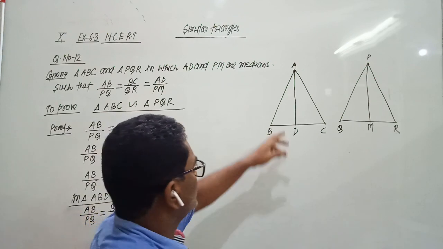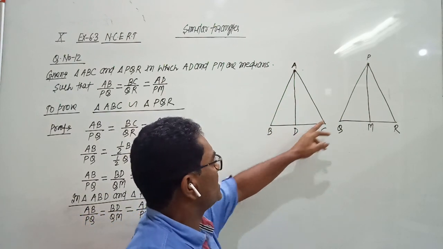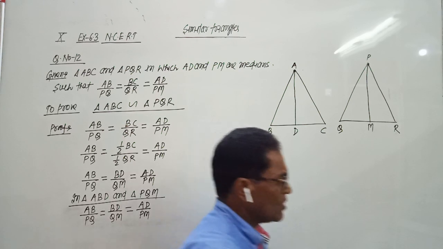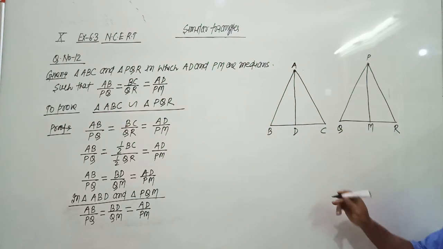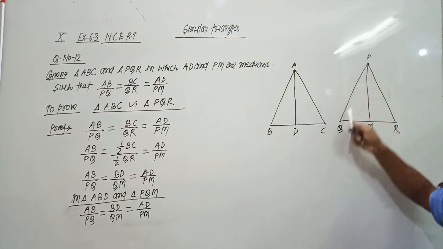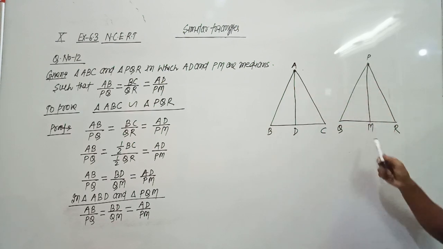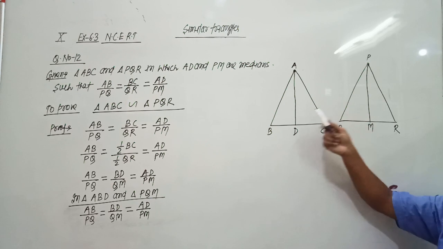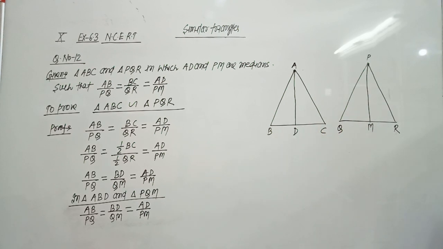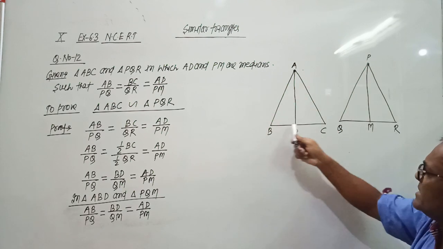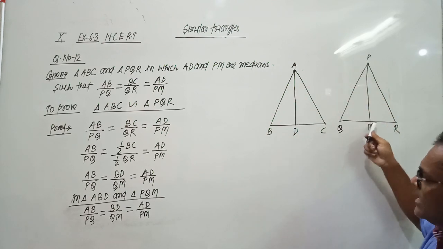So in these triangles, ABD and PQM, all the sides are in proportion. So in these two triangles, their sides are proportional. Therefore, triangle ABD is similar to triangle PQM.